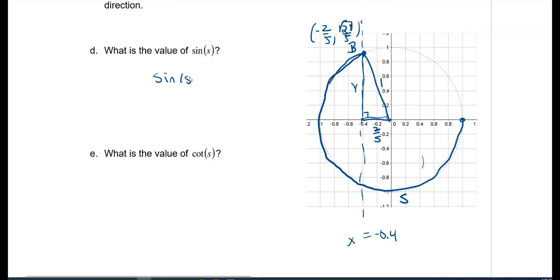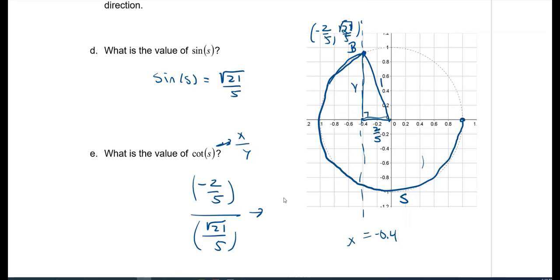So the sine of S is the y coordinate at that point, which is positive root 21 over 5. You don't have to divide by r anymore because we're on the unit circle, and it's just the y coordinate at that point because we're dividing by 1. The cotangent of S, cotangent is x over y. So you just take the x coordinate, which is minus 2/5, and divide it by the y coordinate, which is root 21 over 5.